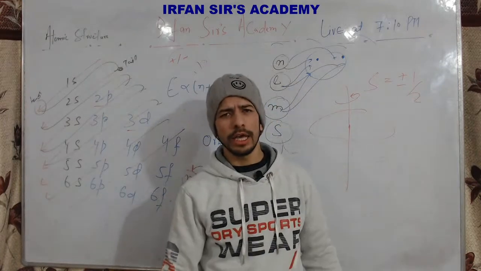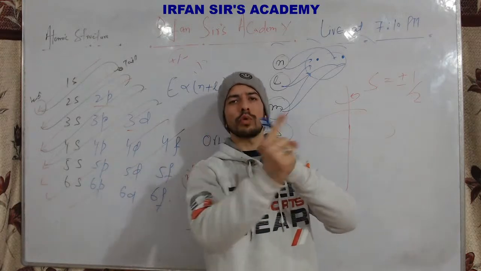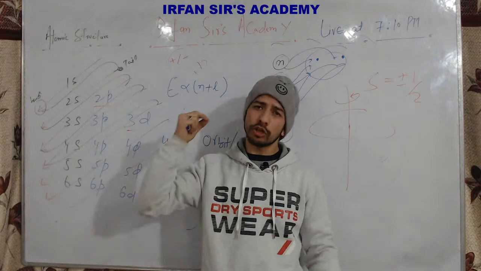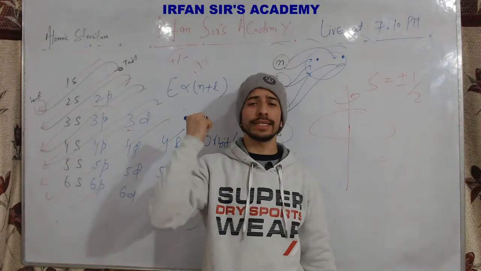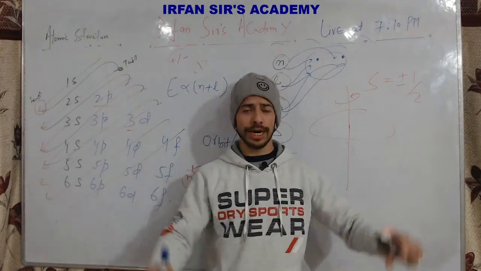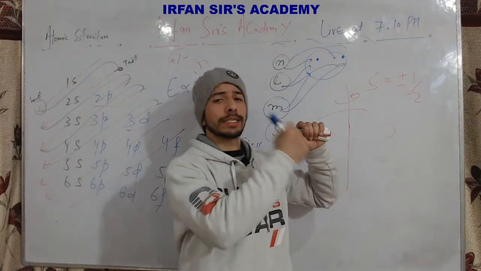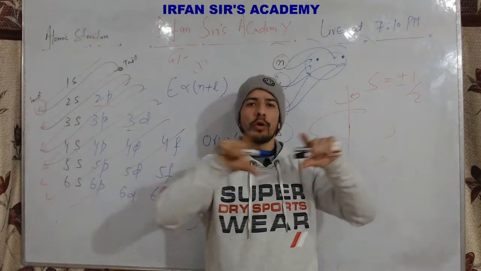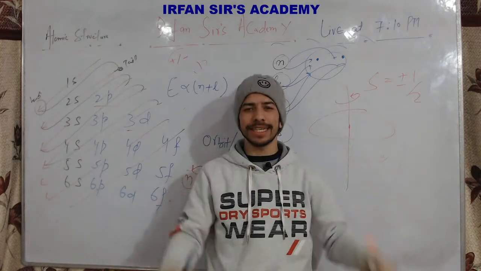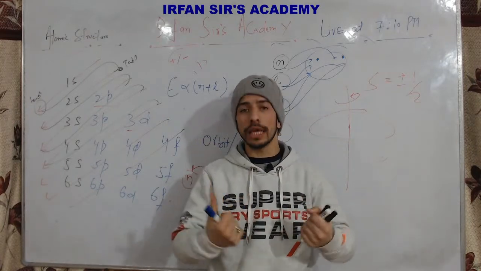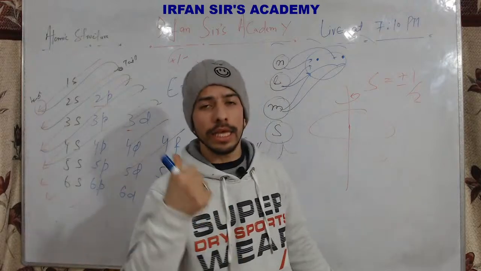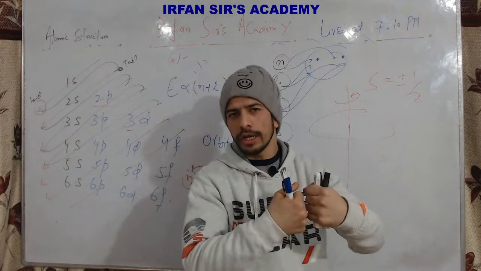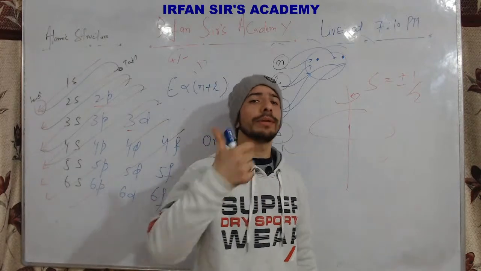Because if one electron spins clockwise, the other should spin anti-clockwise. When the spins are anti-parallel, the opposite poles will face each other, and they will permanently clinch together. It doesn't mean they will make a bond, but the system will be stable.